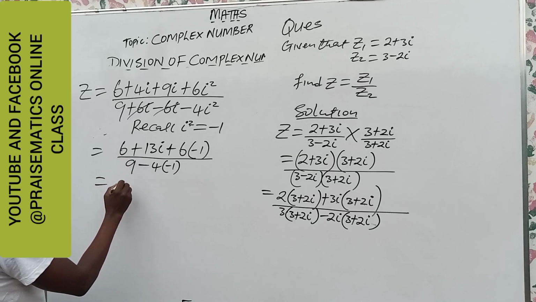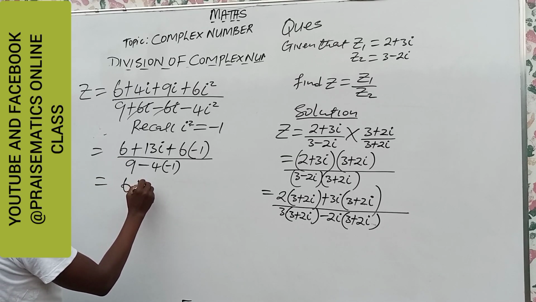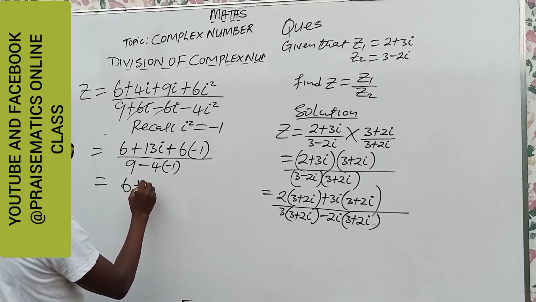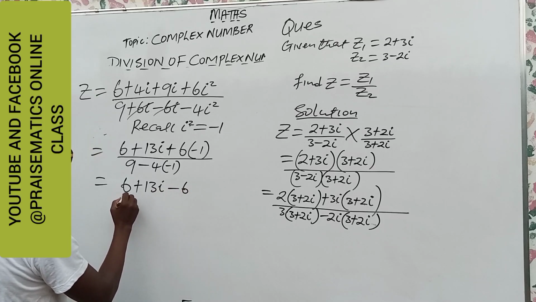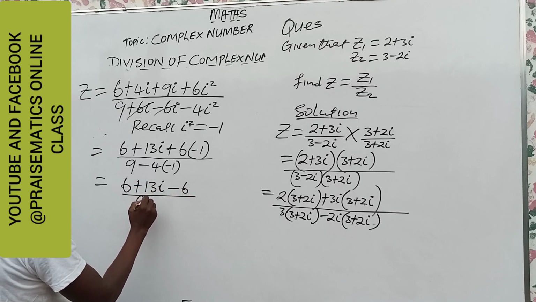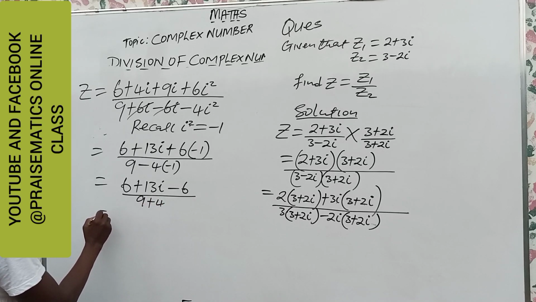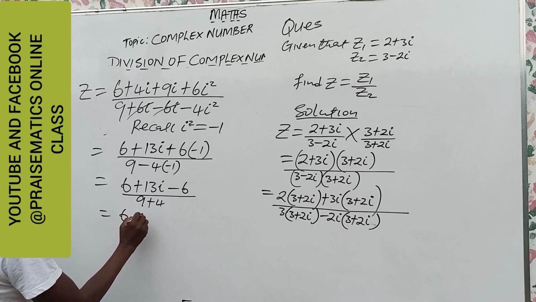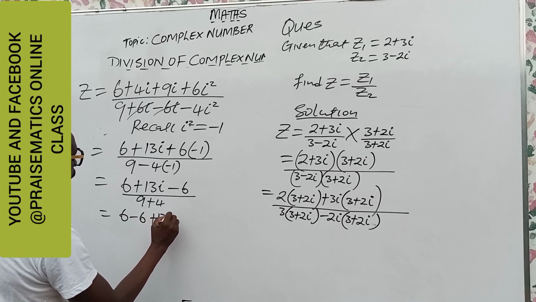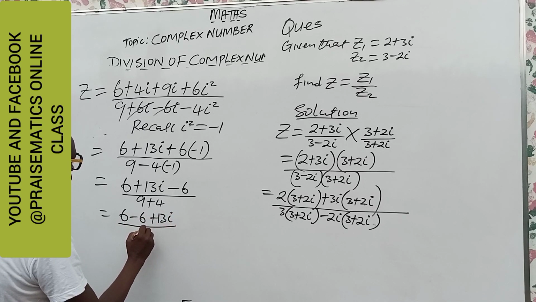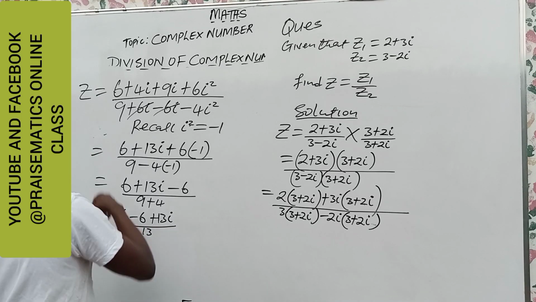Finally, what do we have? 6 plus 13i minus 6 all over 9 plus 4. Finally, what do we have? 6 minus 6 plus 13i over 13.